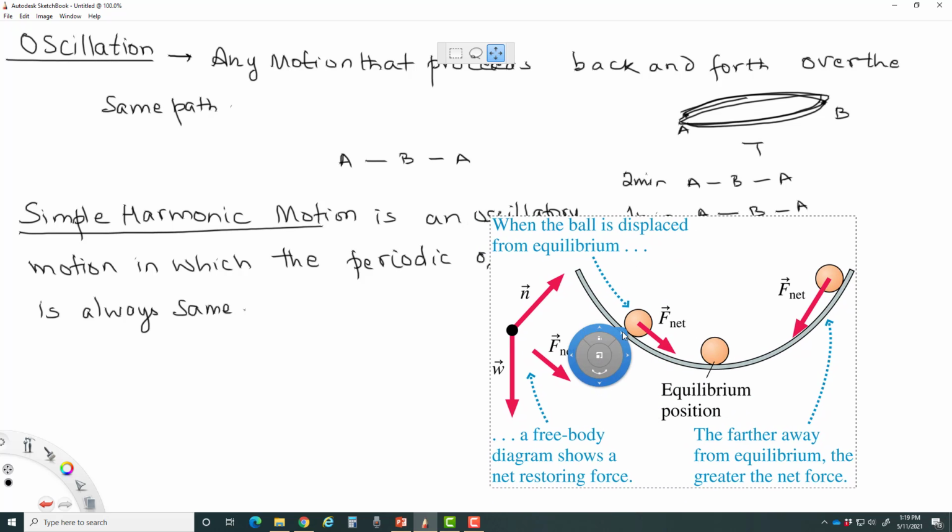Like in this example, you have a ball that is disturbed from its equilibrium position. Okay, so this ball has this equilibrium position. As long as there is no disturbance, the ball will remain in this position, which is the stable equilibrium position. But if you slightly disturb this ball, because of this net force, the ball will move back to its original state or equilibrium position.